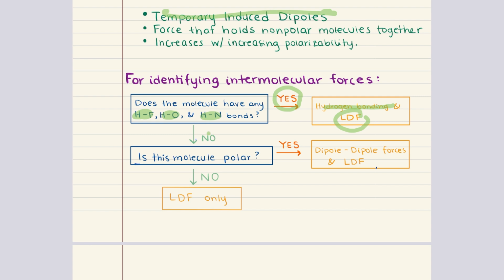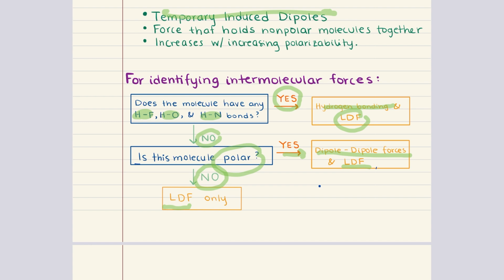If the answer is no, though, then you move on to the next question. Is the molecule polar? If the answer is yes, then the molecule experiences dipole-dipole forces and London dispersion forces. If the answer is no, then the molecule only experiences London dispersion forces.